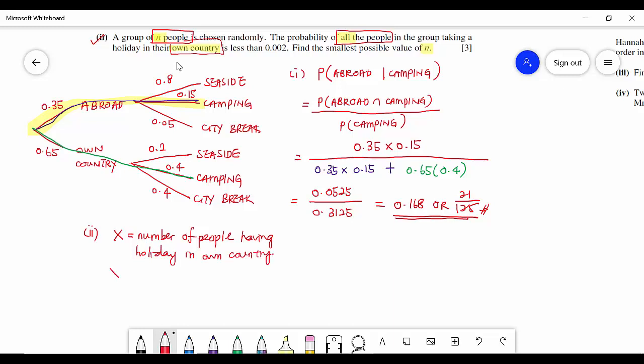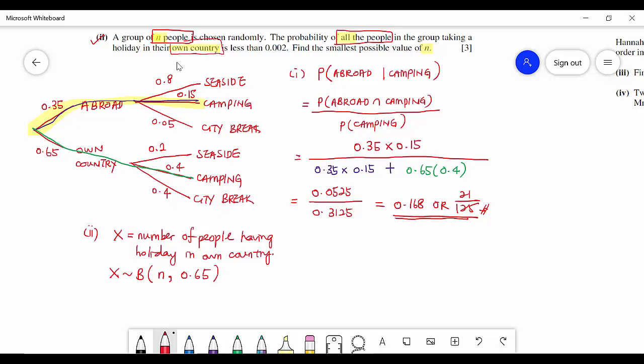From here, you can identify that X is binomial distributed with n, and the probability that these people have holiday in own country is 0.65. And they actually want you to find the n.